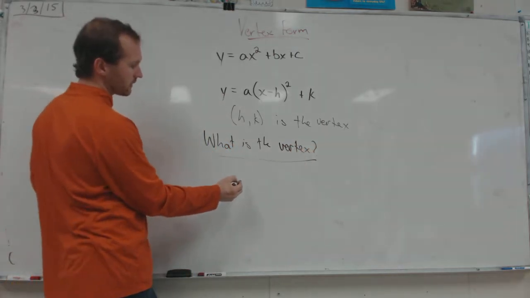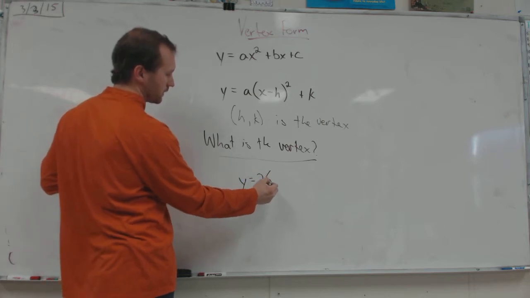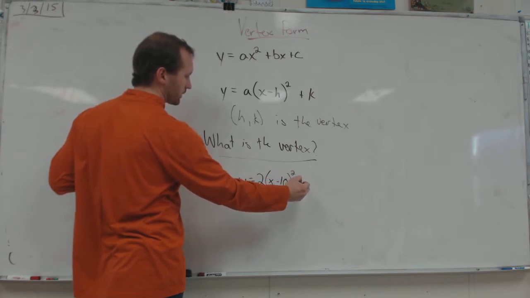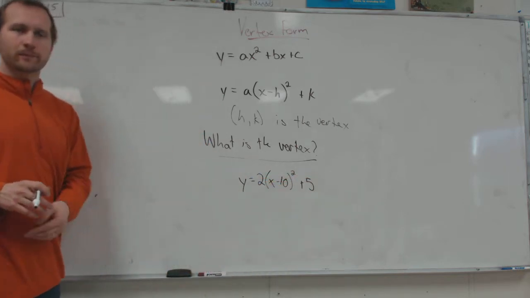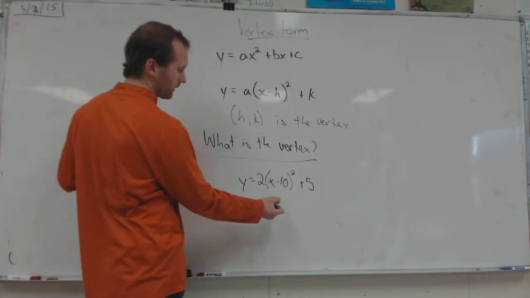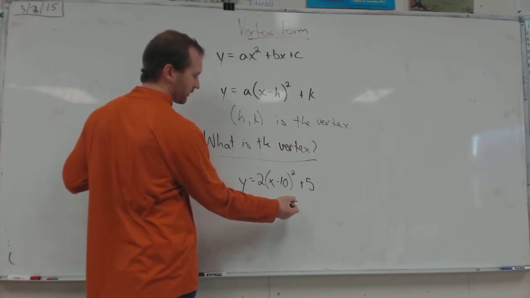So if I gave you this equation, y equals 2 times (x minus 10) squared plus 5, what is the vertex of that? Negative 2. And the answer is 10, comma 5.